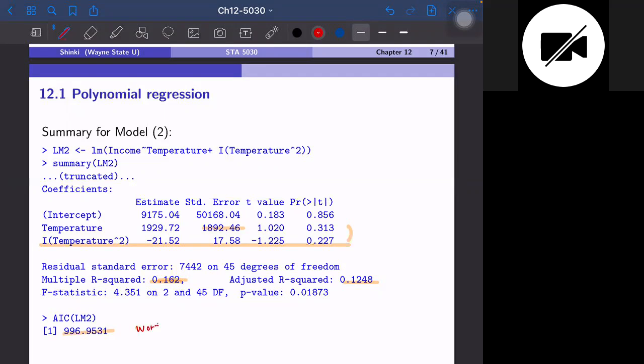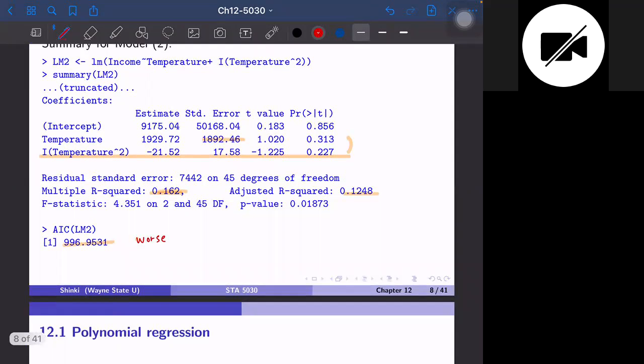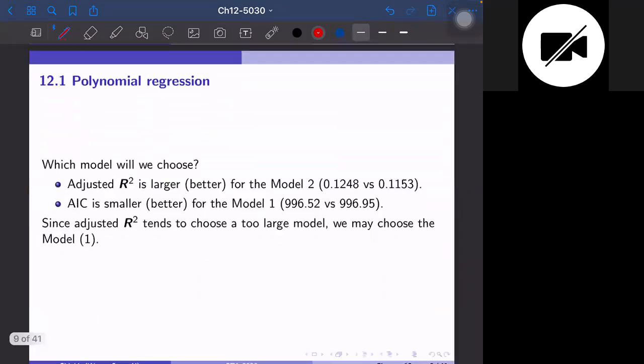So this is worse than the previous one. Even though the adjusted R square is slightly better, this is model 2 and model 1, but the AIC is better for the smaller model.